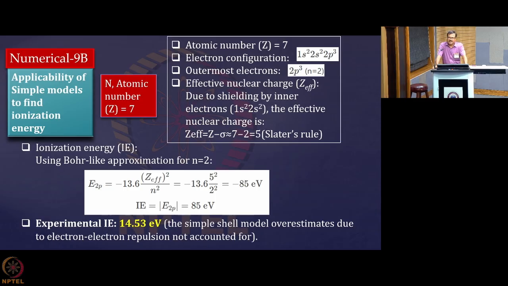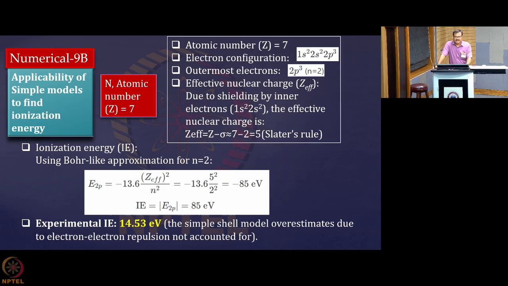Z is equal to 7. The electronic configuration is 1s2, 2s2, 2p3. The outermost electron is 2p3, of course, and n is equal to 2.